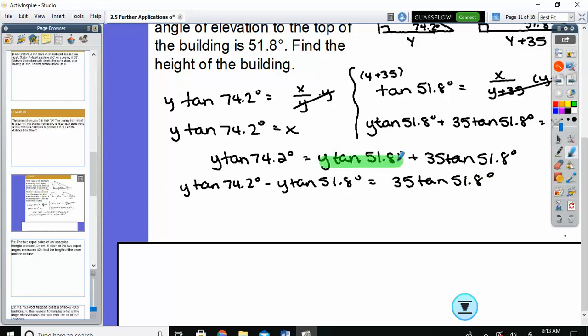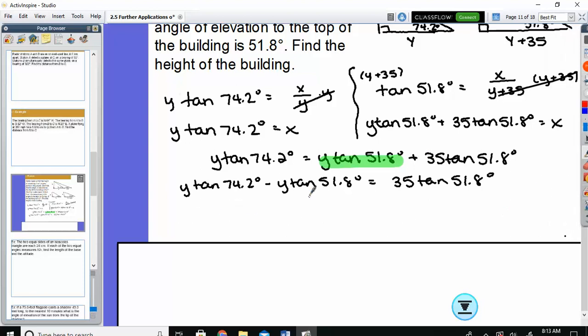So all I did right there was subtract that term to the other side. Both of these have y in them, so what can we do? We're actually very, very close to the answer.